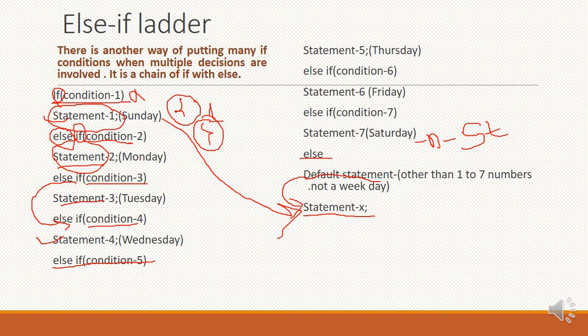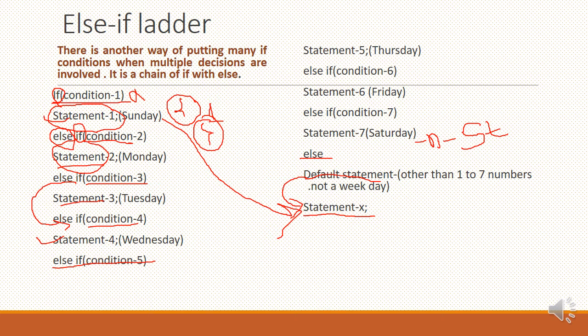This is true for all the conditions. If any one condition is true, then it is going to execute that statement block, and control goes to the next statement available after the default statement.